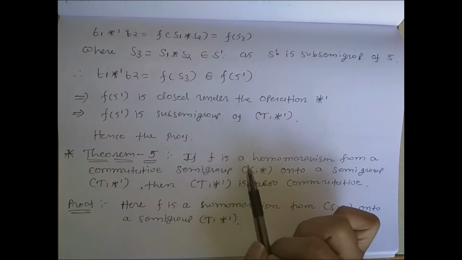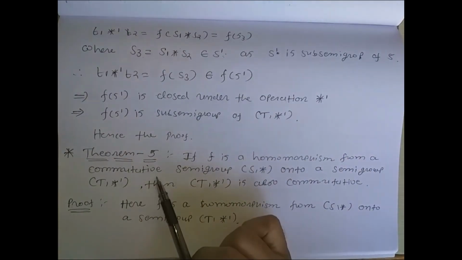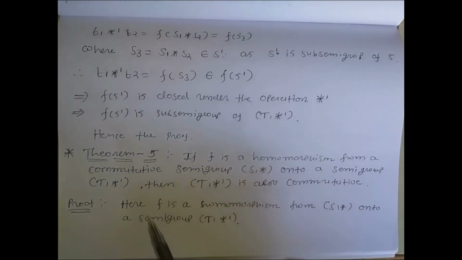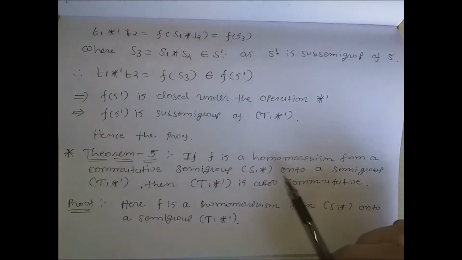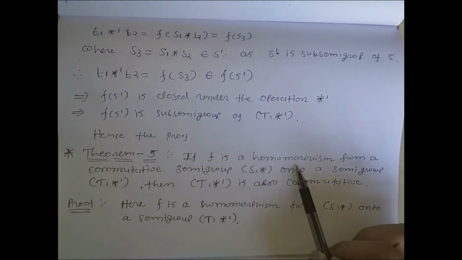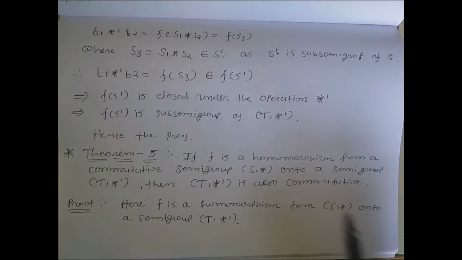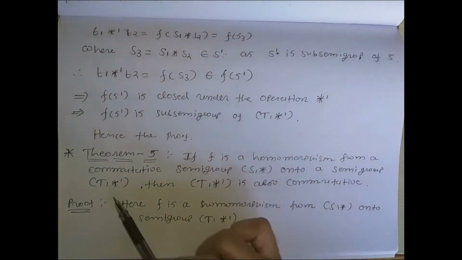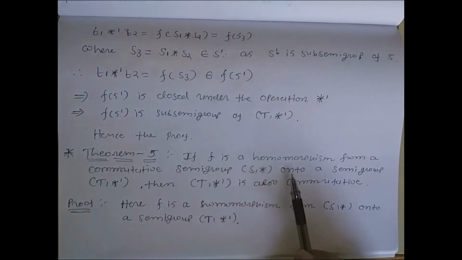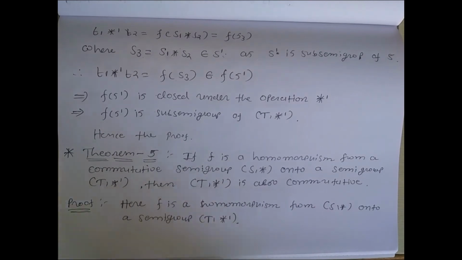Now, theorem number 5. If f is a homomorphism from a commutative semigroup S star onto a semigroup T star dash, here it is given that the semigroup S star is commutative and that f is onto, then T star dash is also commutative.